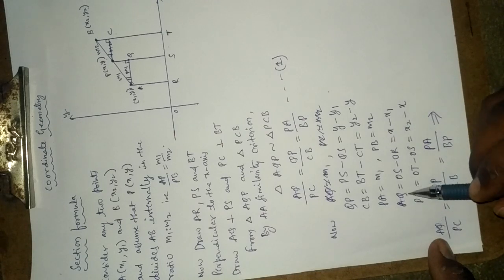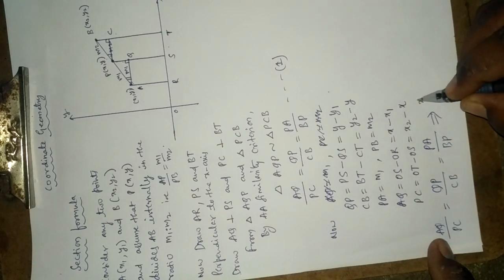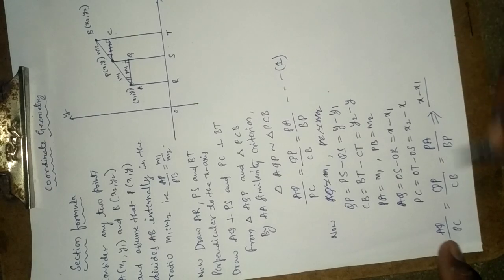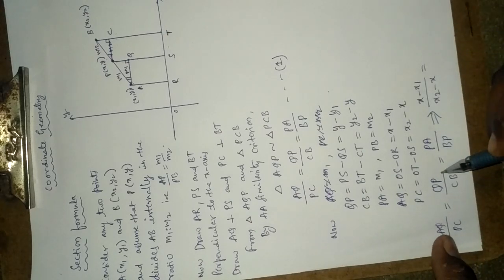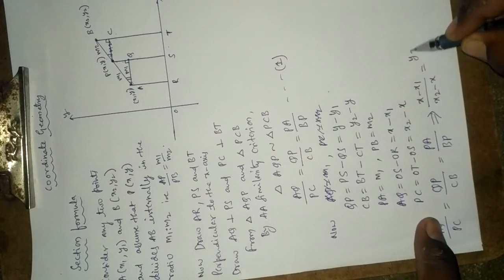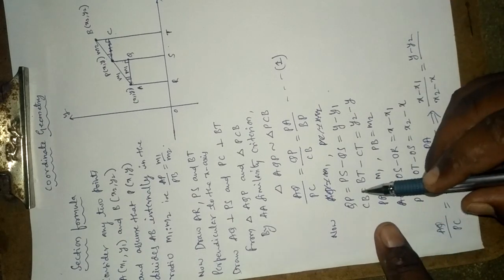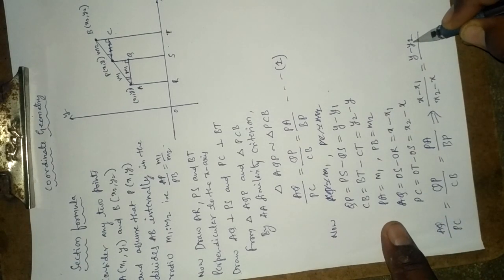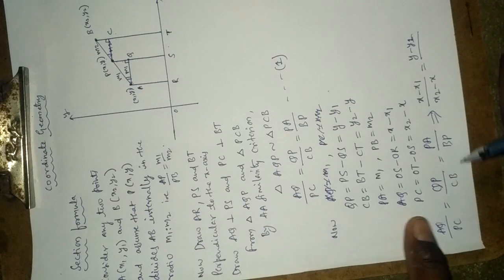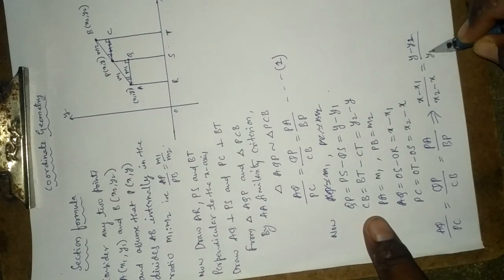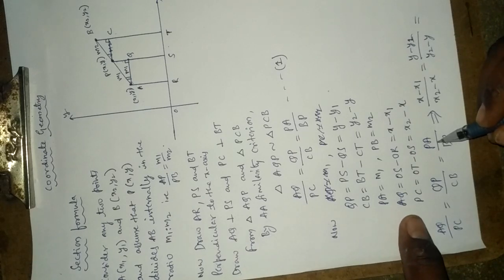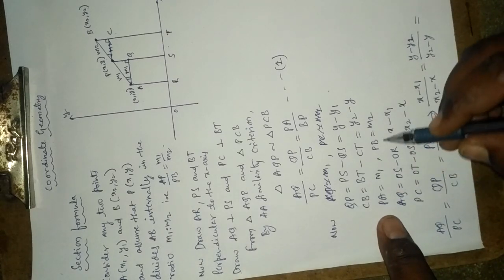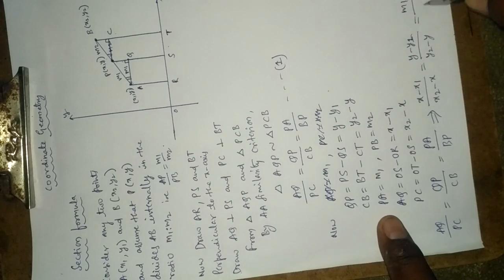AQ is x minus x1 divided by PC. PC is x2 minus x. This is equal to QP. What is QP? y minus y1 divided by CB. CB is y2 minus y. That is equal to PA. What is PA? PA and PB are ratios. M1 divided by M2.